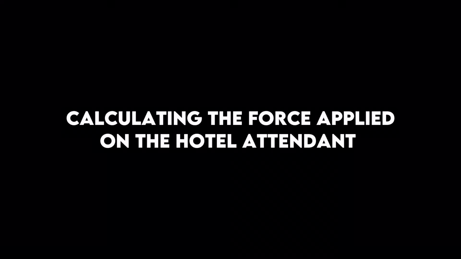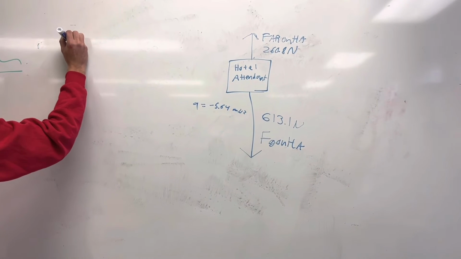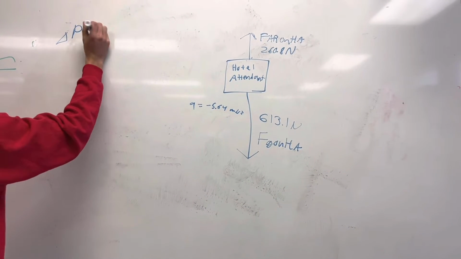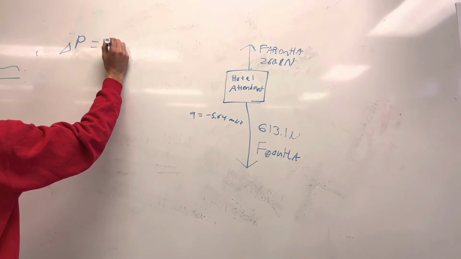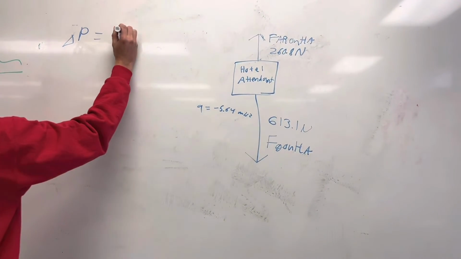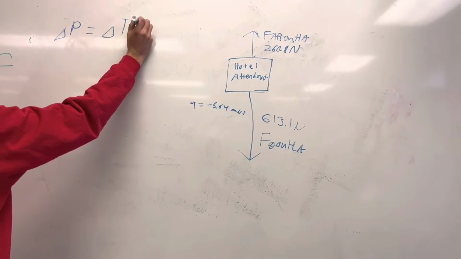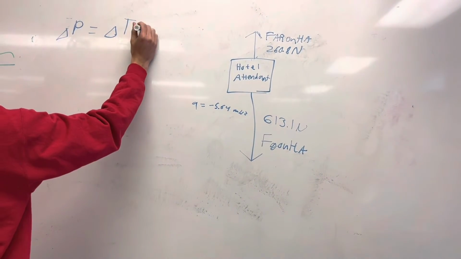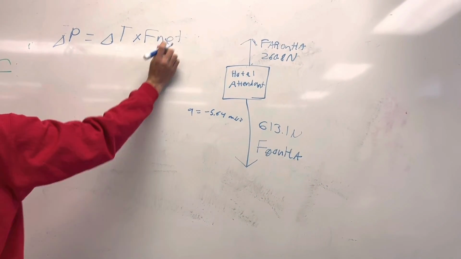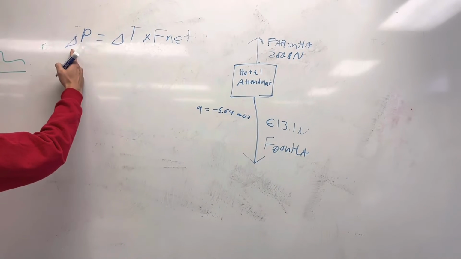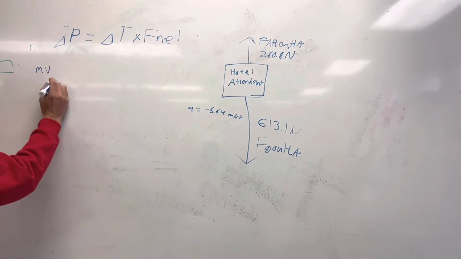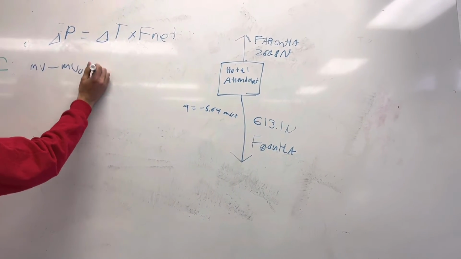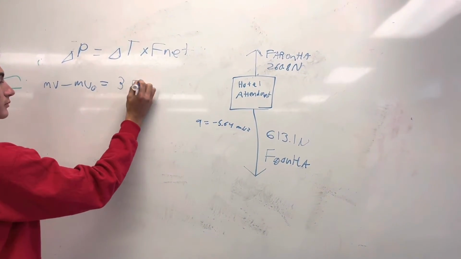Now we want to find the force of the hotel attendant hitting the car. So change in momentum equals change in time times the net force. The change in momentum is also final momentum minus initial momentum, which is mv minus mv naught. And we know that the crash took 3 frames.